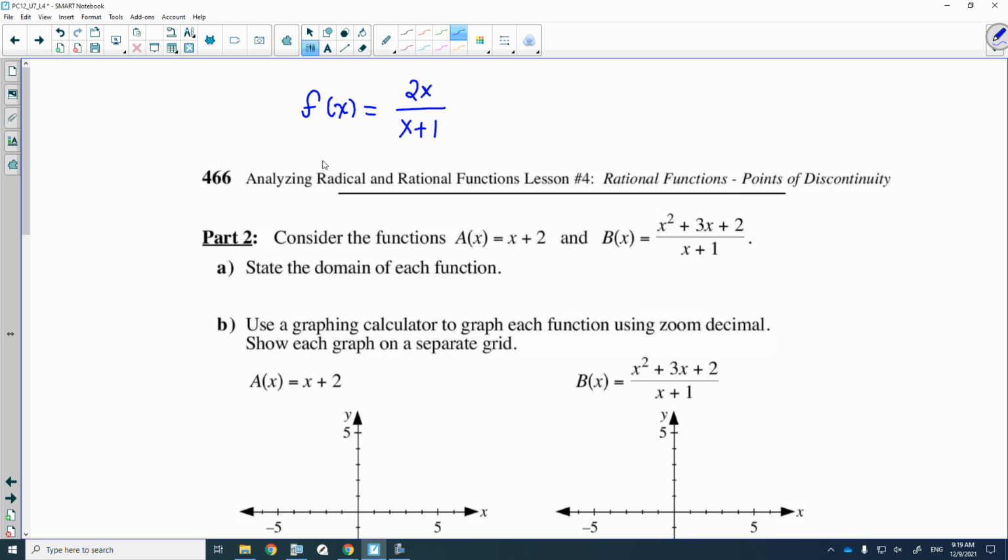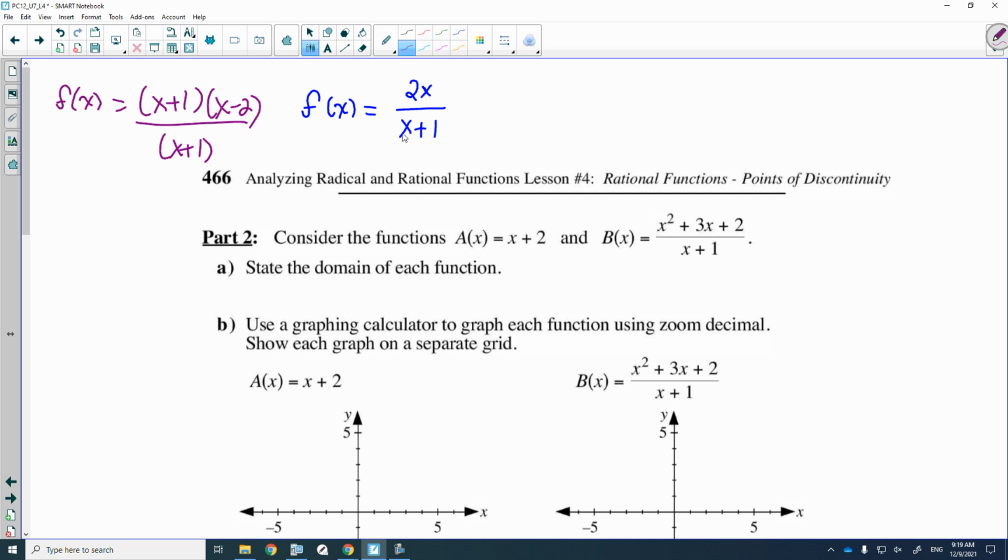Flip your page, and at the top of 466, write this function here. So f of x is equal to 2x over x plus 1. This would be an example of not having a common factor. An example of a common factor would look like this: x plus 1 over x plus 1 and x minus 2. This is an example of a common factor. X plus 1 and x plus 1, they're what's called common factors.